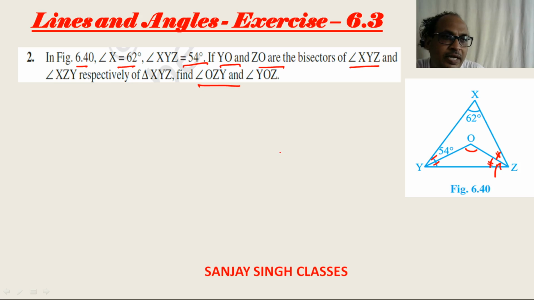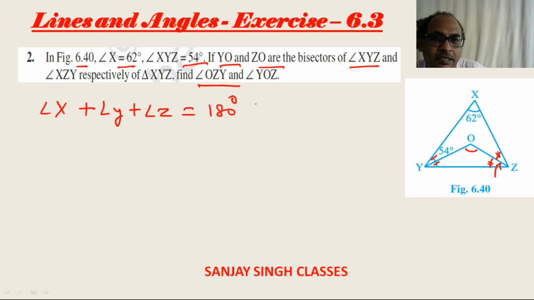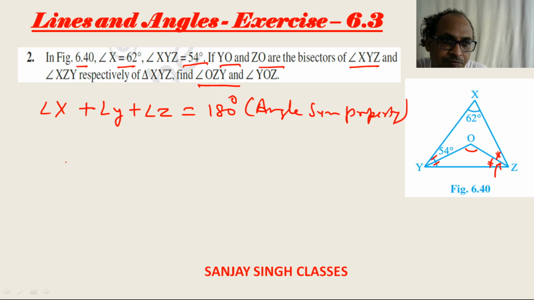First of all, we will find angle XZY. So we can say that angle X plus angle Y plus angle Z is equal to 180 degree. And what is it? It is the angle sum property of a triangle.